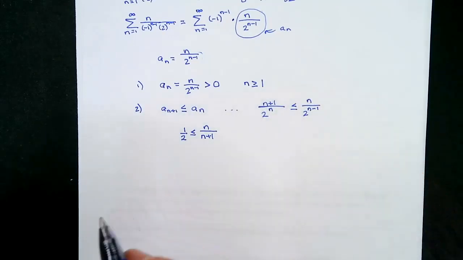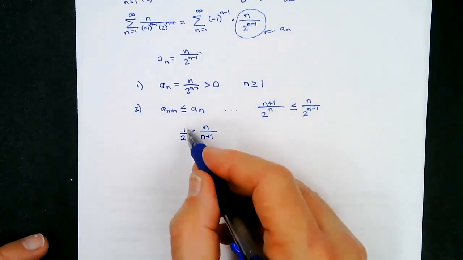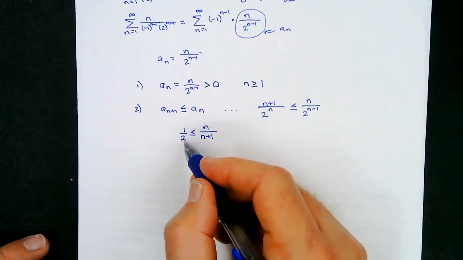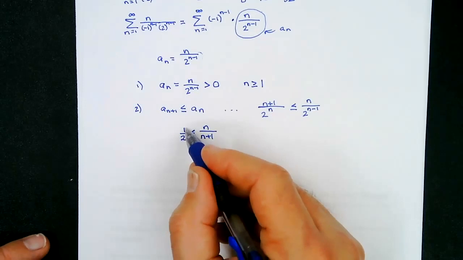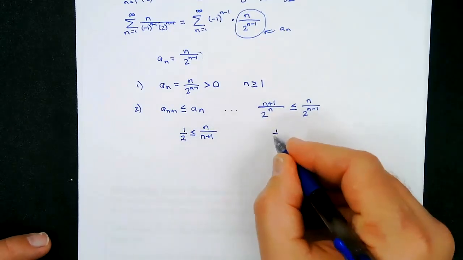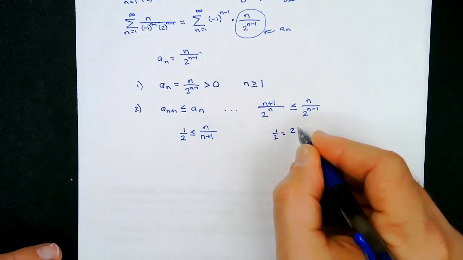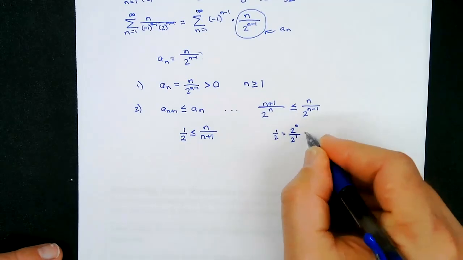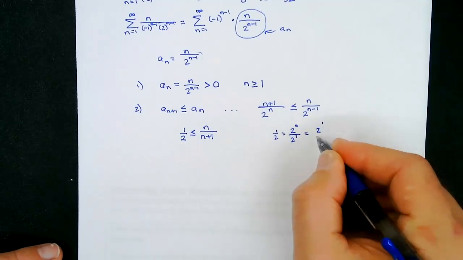Okay, so there's a lot of ways we can write 1/2. This is 2 to the 0 over 2 to the first power. 2 to the first power over 2 squared. So 1/2 could be 2 to the 0 power over 2 to the first power. It could also be 2 to the first power over 2 squared.